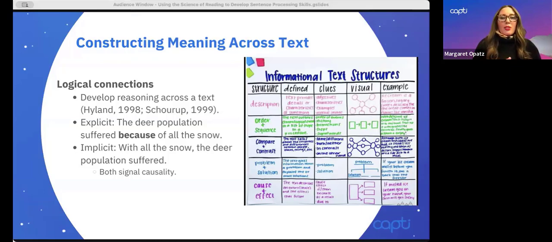So in elementary school, you'll likely see the word because, but when we get into middle and high school, they become implicit, and students really have to be able to understand that language construction to understand that both of the examples here are signaling causality.